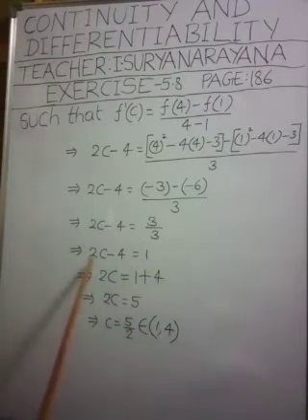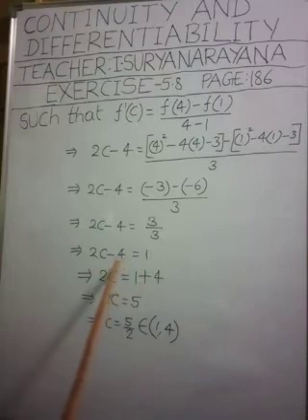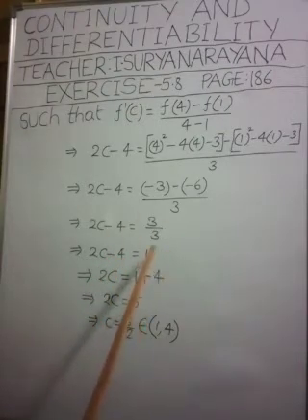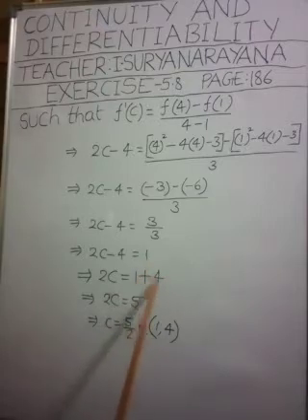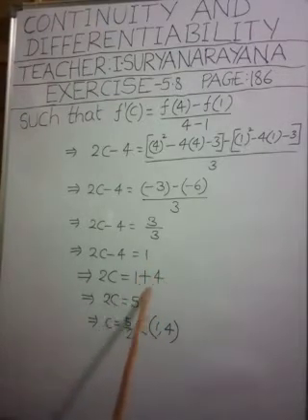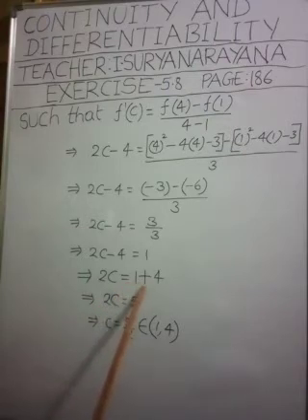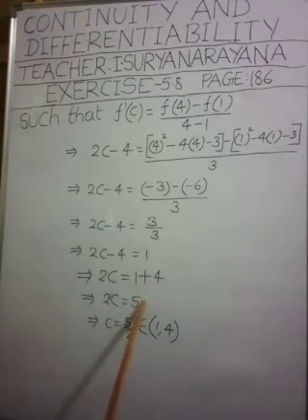Right. This implies 2c is equal to, we are moving minus 4 to RHS. Then it becomes plus 4. So 1 plus 4. Understood this step, my children? Right. This implies 2c is equal to, what is the value of 1 plus 4? 5. Understood this step, my children? Right.